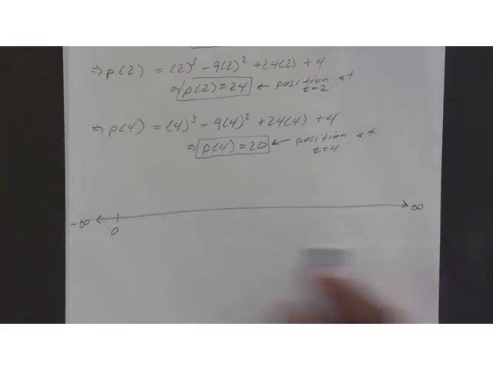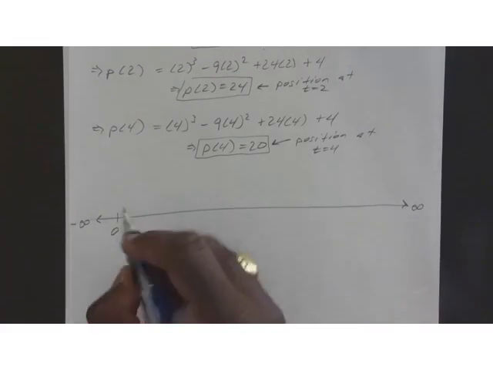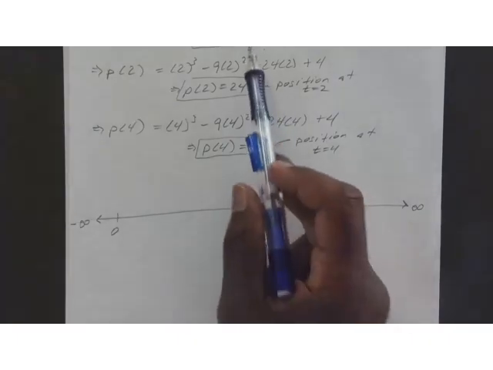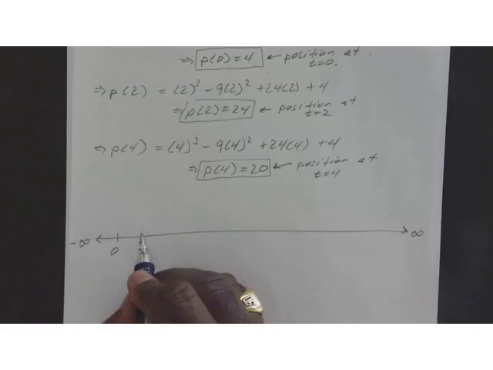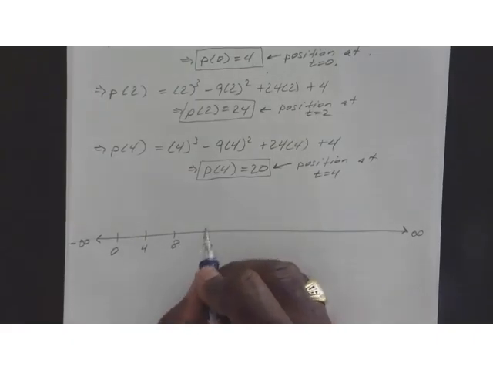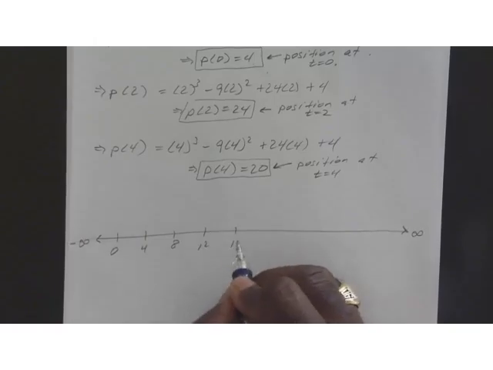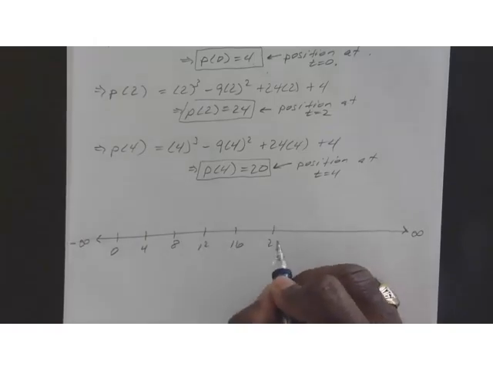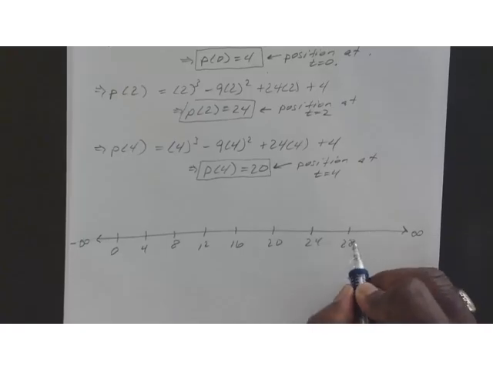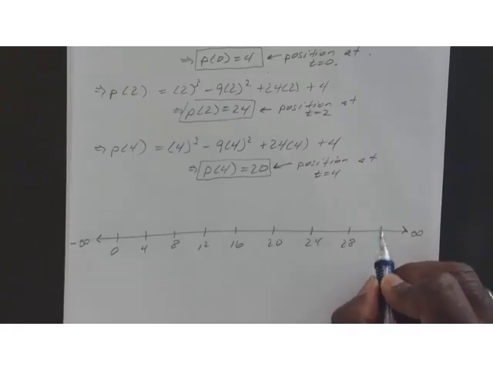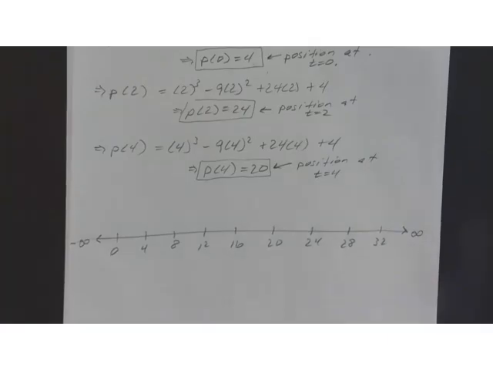Okay, so to limit how many marks we have to make, we'll count by 4 since all of those are multiples of 4. So we have 4, 8, 12, 16, 20, 24, 28. And we could stop there, but I'll put 32.